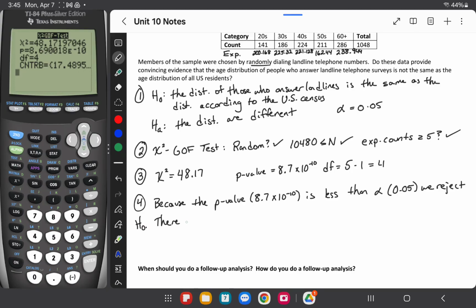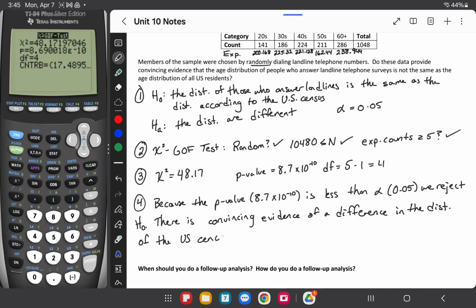In other words, there is convincing evidence of a difference in the distributions of the U.S. Census and those from the landline phone distribution.